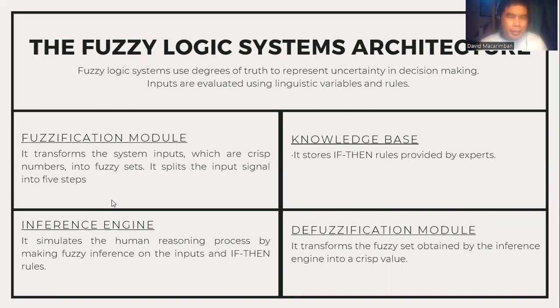So here in the fuzzification module, it transforms the system inputs, which are crisp numbers, into fuzzy sets. It splits the input signal into 5 steps. So yun yung trabaho ni fuzzification module.